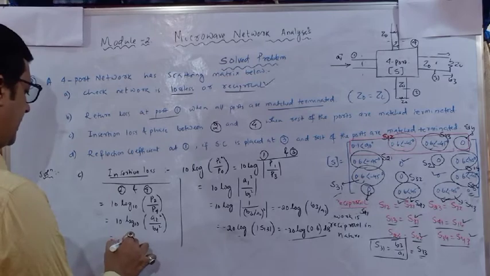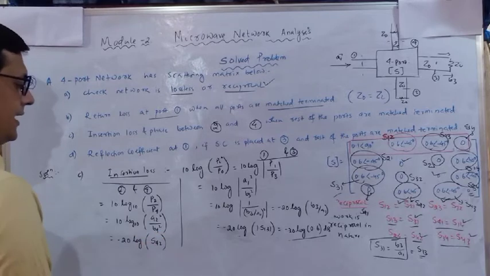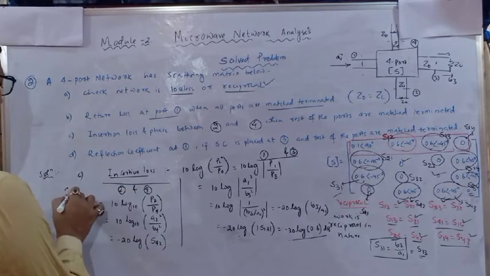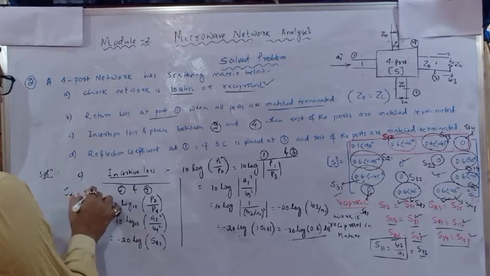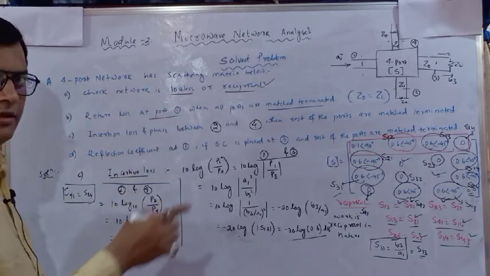Now similarly I can write minus 20 log of S42. And as we know, S42 is equal to S24 because of the reciprocal network, we have proved it.